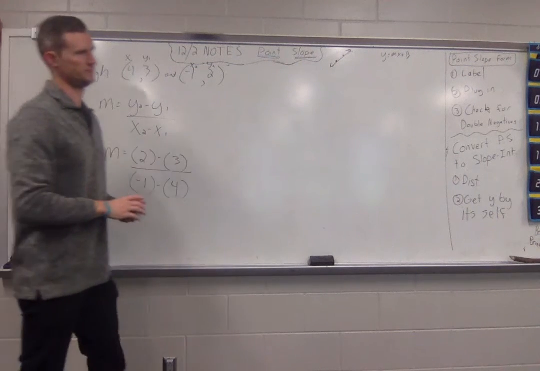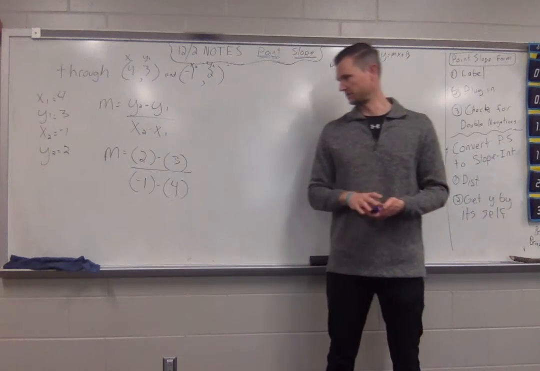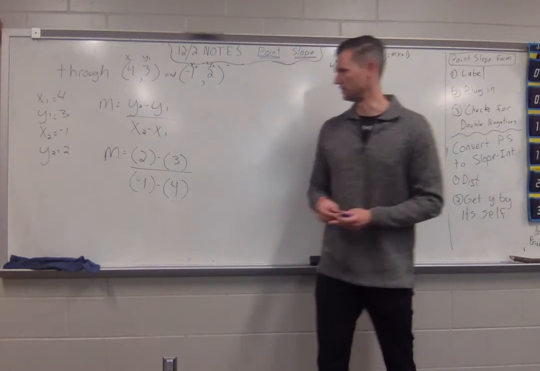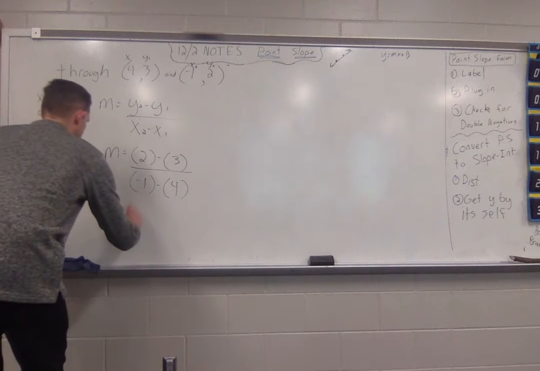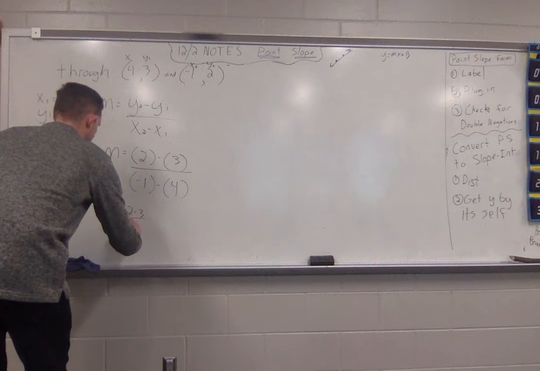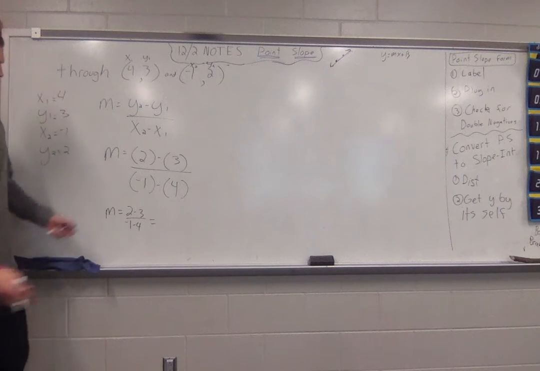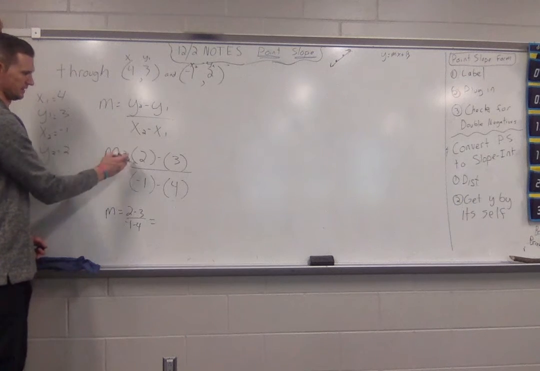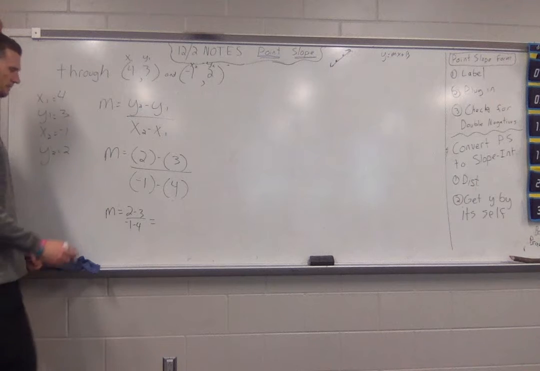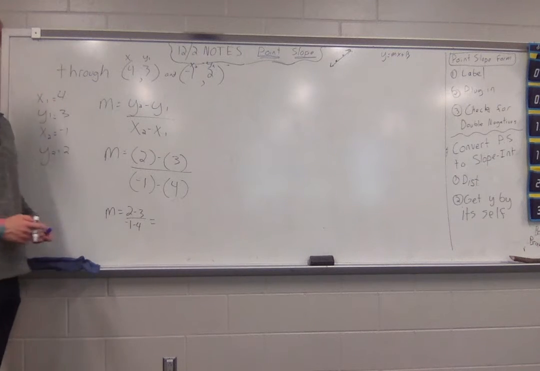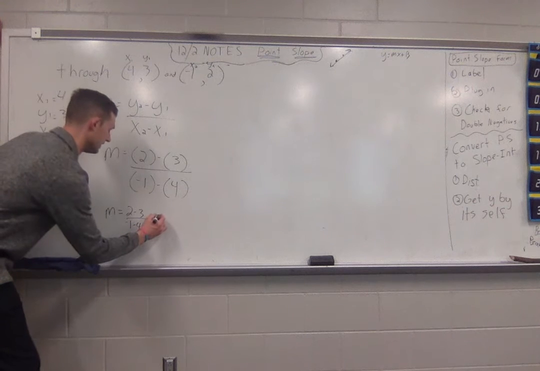Anytime I plug stuff in, Saran, what do I need to check for? Double negatives. Do I have double negatives here? No. Sure don't. It's just 2 minus 3 divided by -1 minus 4. Nothing changes. There's nothing to the left of this. There's nothing to the left of this. Okay, I'm just going to drop it all in parentheses and bring it down. A lot of people miss 2 minus 3. A lot of people either put +1 or they put 5, or -5.